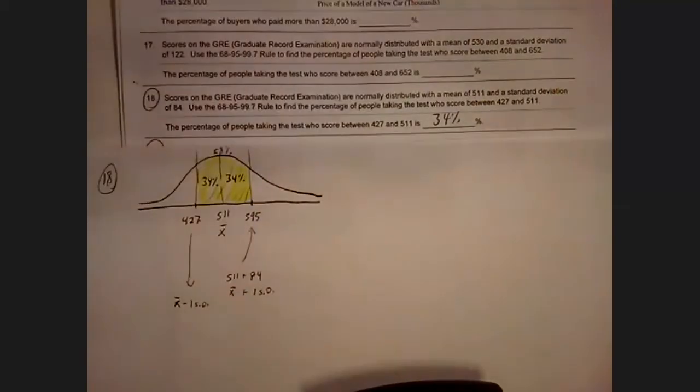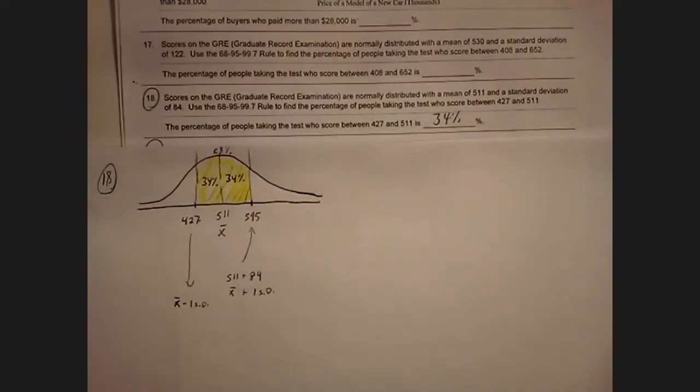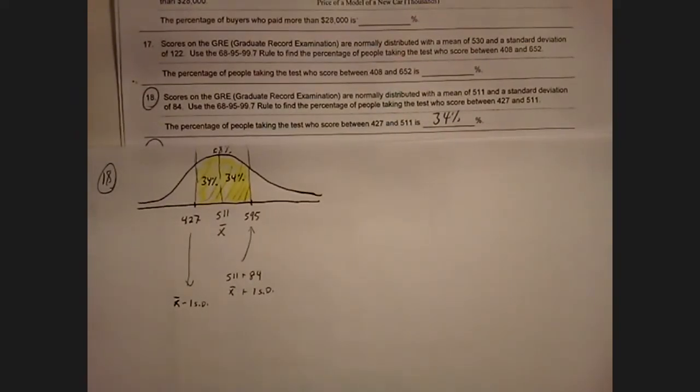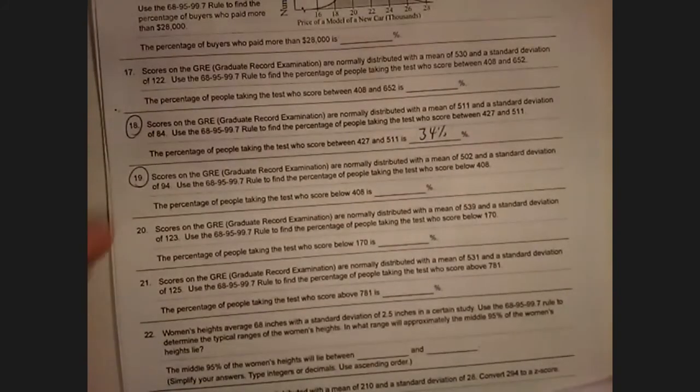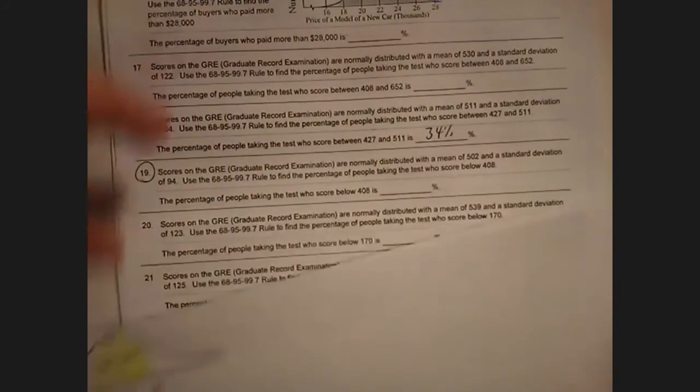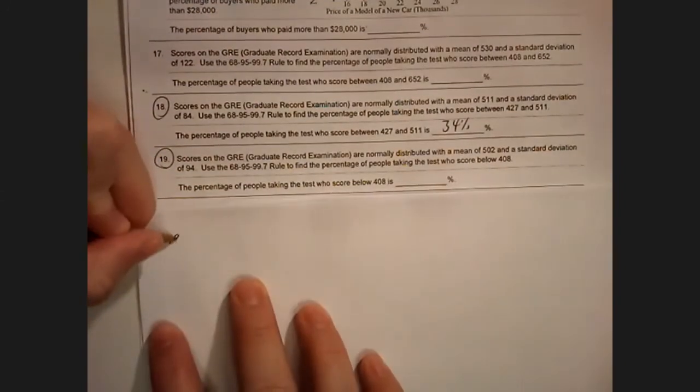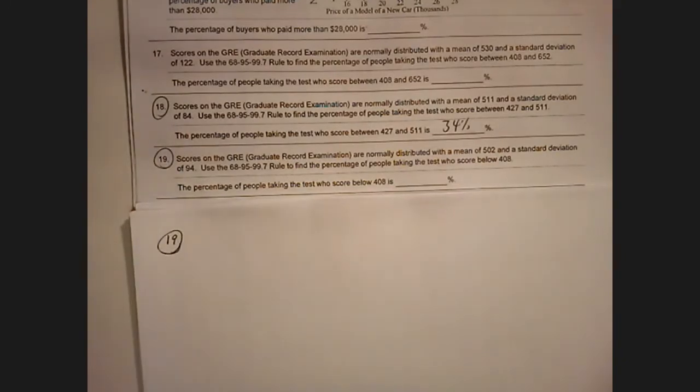Okay, so I'm going to make my next picture larger because I feel like I need more space, but that's the idea. So we're going to do number 19, and then I'm going to stop this video, and we're going to do the z-scores problems. Be a little faster, I believe.